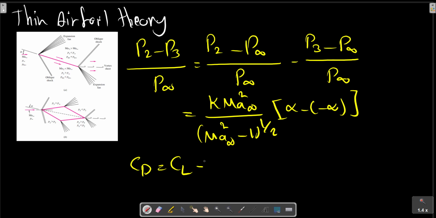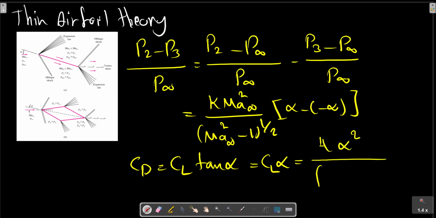CL tangent alpha, CL alpha, 4 alpha square, minus 1.